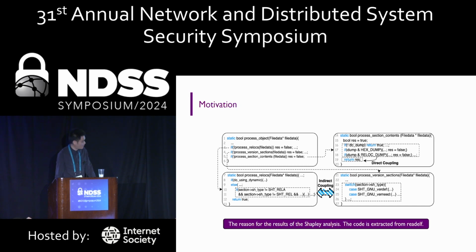We also identify indirect coupling and direct coupling in the figure to demonstrate that there are two types of constraint.